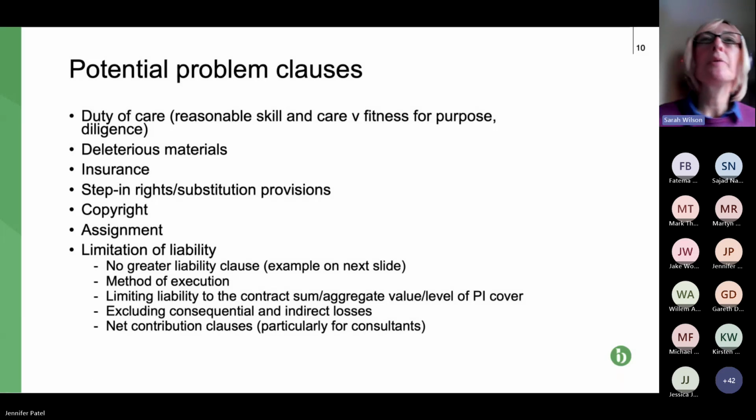So I said we had a list of the types of clauses that you would see in a collateral warranty. So the bullet points represent the different clauses. Typically, it would be about 8 pages long.